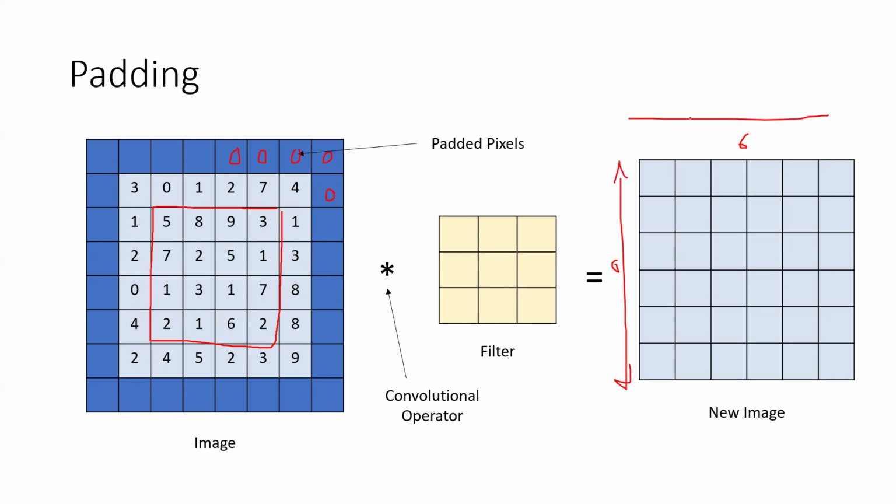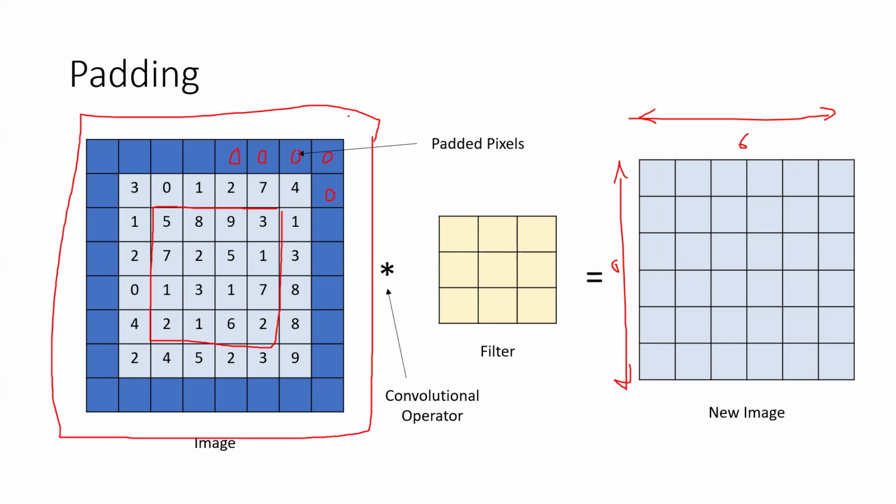Then the information would be preserved in the edge image by simply adding these padding pixels. Actually, not only a single layer of padded pixels, you can add 2 layers or 3 layers of padded pixels so that the edge image or the output image would have the same size as the original image.